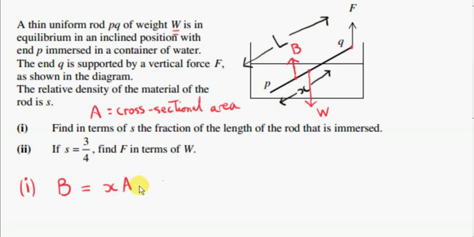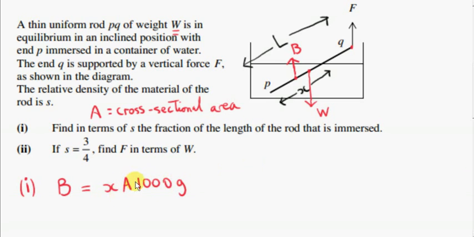Then we want the density of the water. Well, that's 1000. So volume of displaced water times density of water is the mass of the displaced water. Multiply that by G to get the weight of the displaced water.